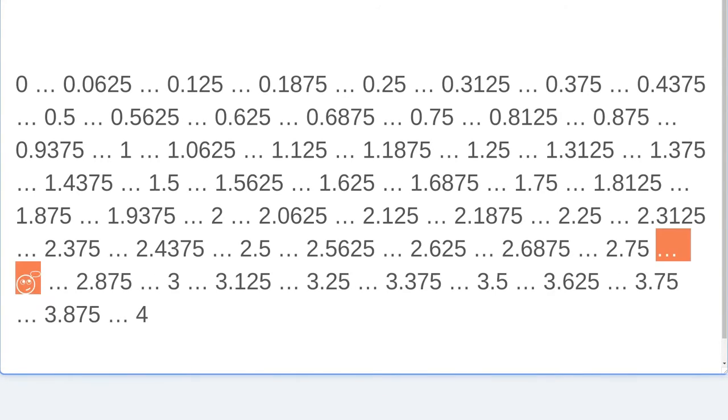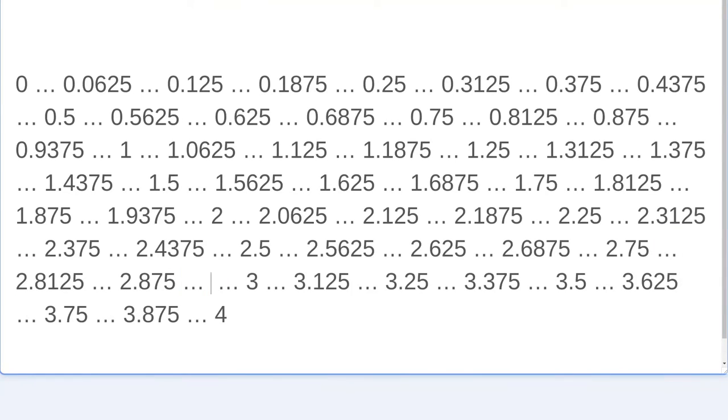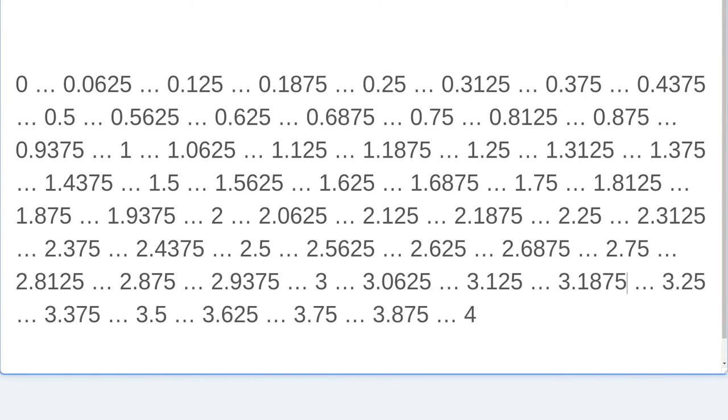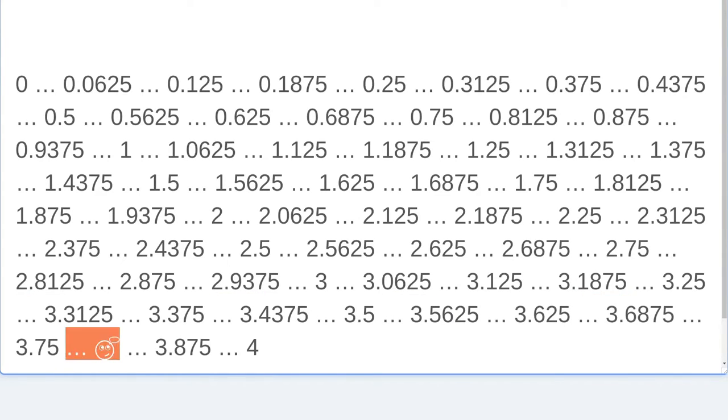Well, then you're getting a little more complex, and you might want to pull out a calculator and just add the two numbers together and divide by 2, which will work. But let's just go ahead and fill this out, and then we're going to get onto the binary here. Here's 3.8125, and the last one we're inserting between 3.875 and 4 is going to be 3.9375.